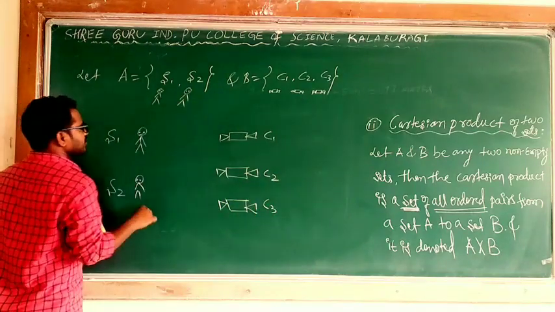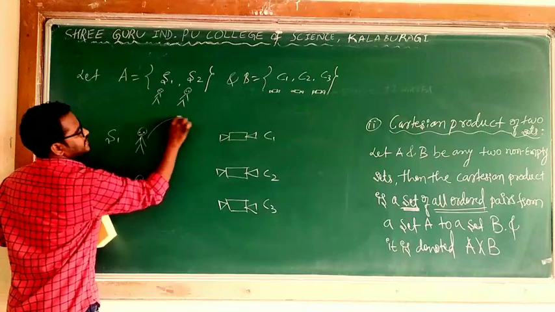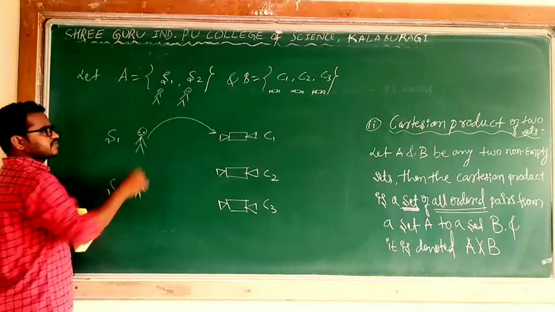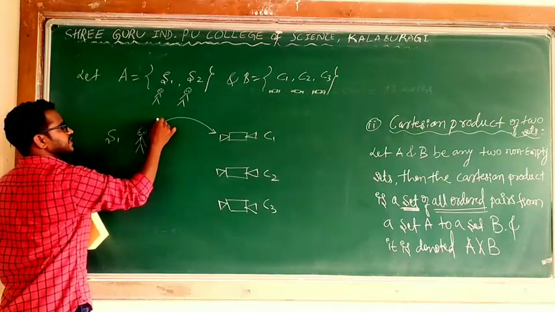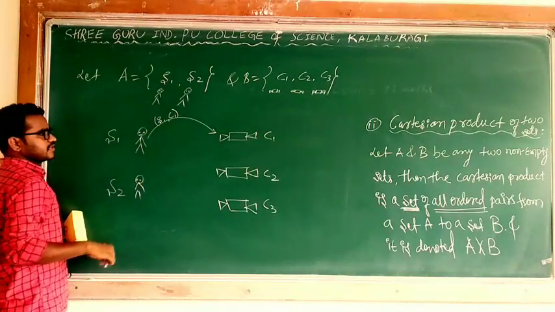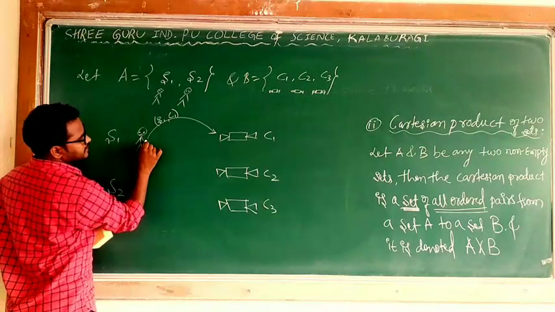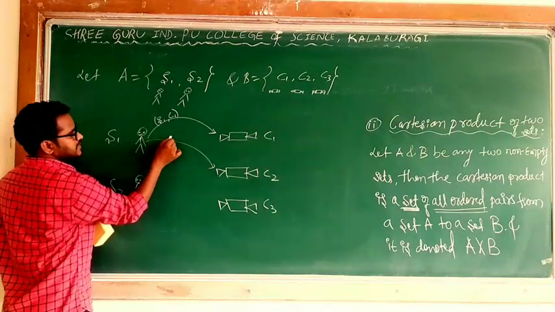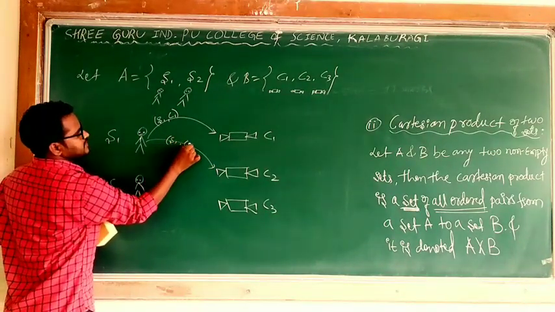What are the possibilities? S1 can take the first chocolate, which is one pair. S1 can take the second chocolate.